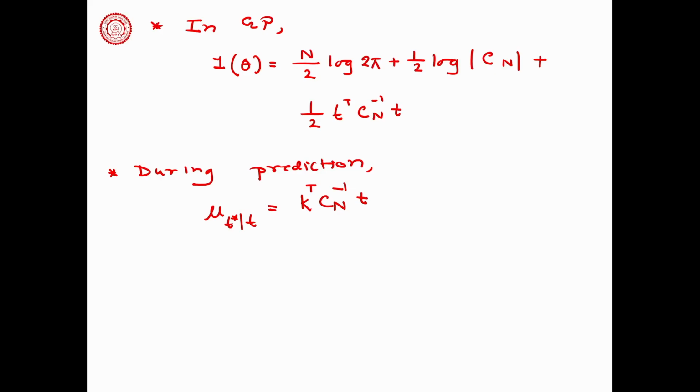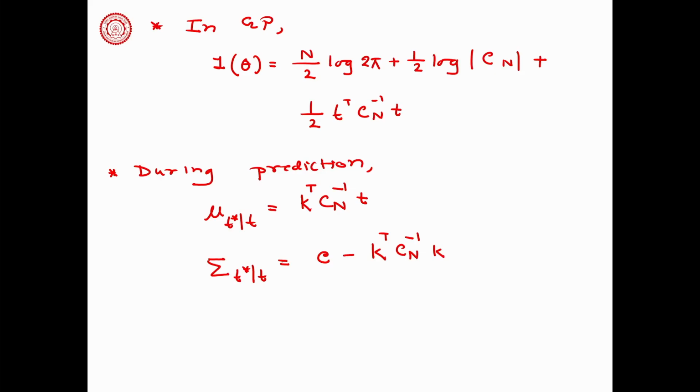Is it k transpose or k? What is the dimension of k? n cross 1. So, it has to be k transpose, then it will be 1 cross n multiplied. Okay. And my predictive variance comes out to be small c minus k transpose Cn inverse k, right.